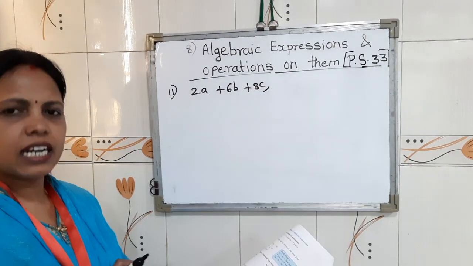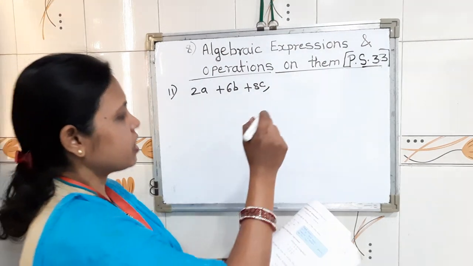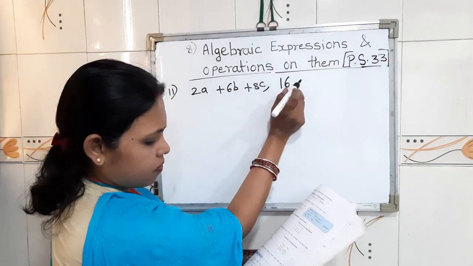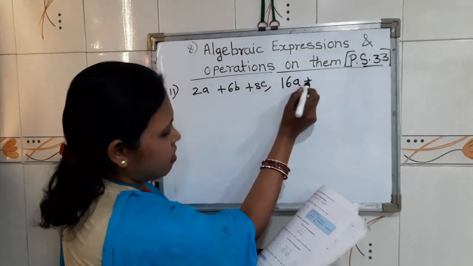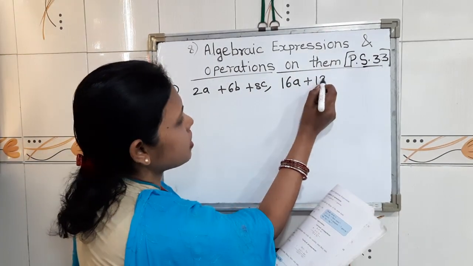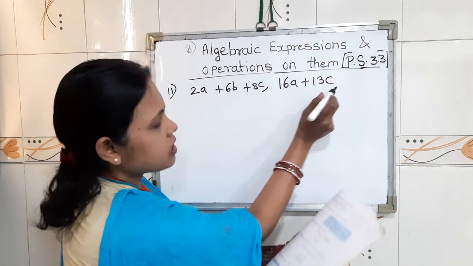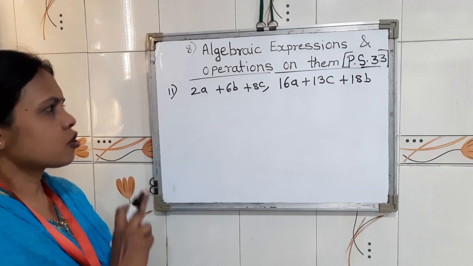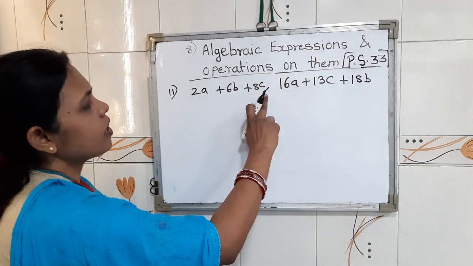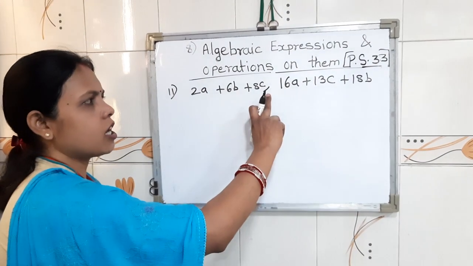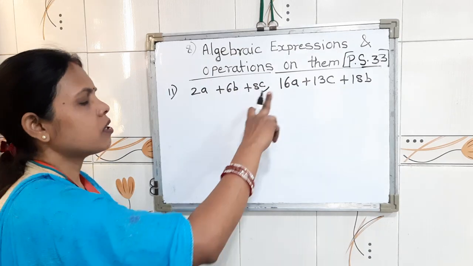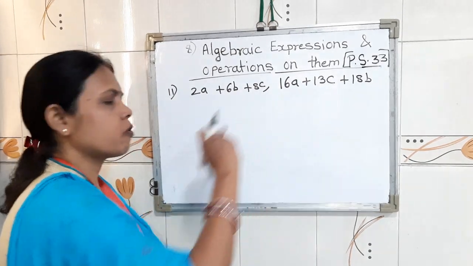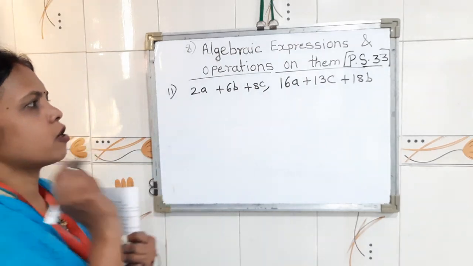This one is a trinomial. With this trinomial, another is given: 16a plus 13c plus 18b. So children, in question number two, a trinomial is given and another trinomial is given, and we are going to add both these trinomials.